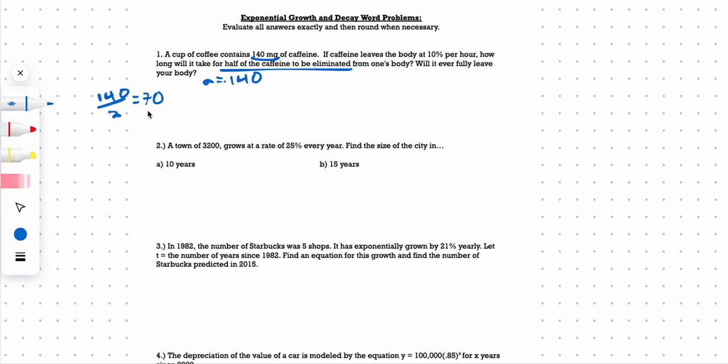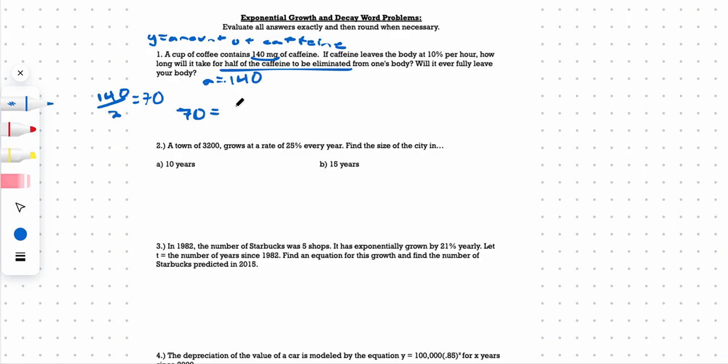So this is going to be our Y value, the amount of caffeine. 70 is our Y value.